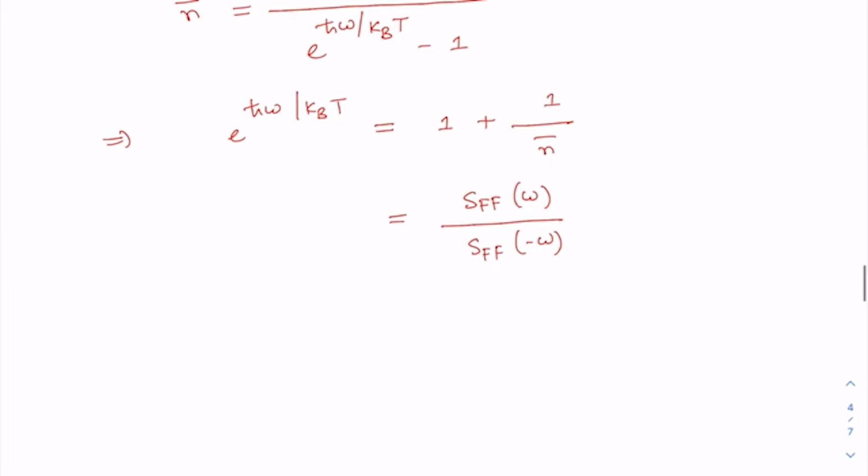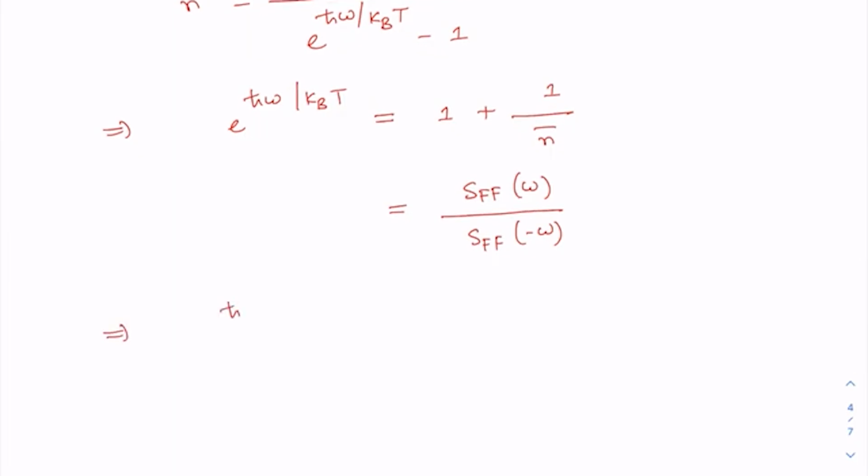Okay, and you can see now if I take the logarithm on both sides, then I will get h cross omega by kBT is equal to logarithm of SFF omega divided by SFF at minus omega.